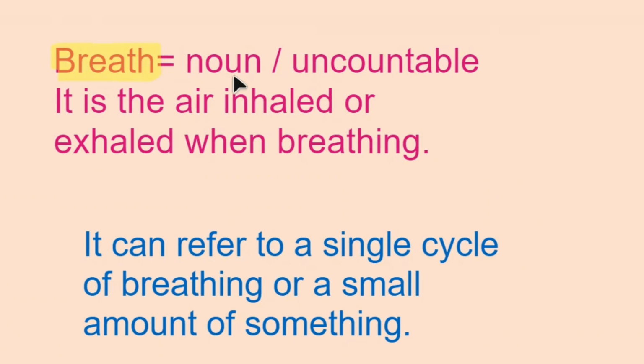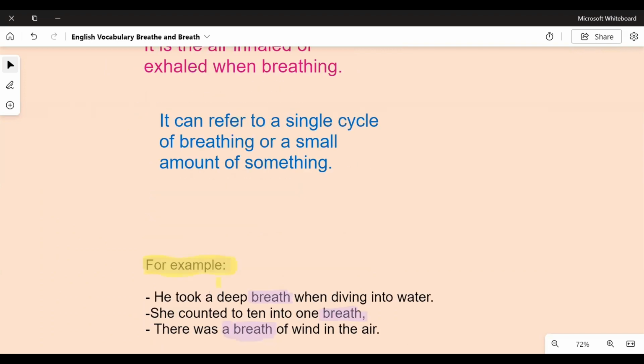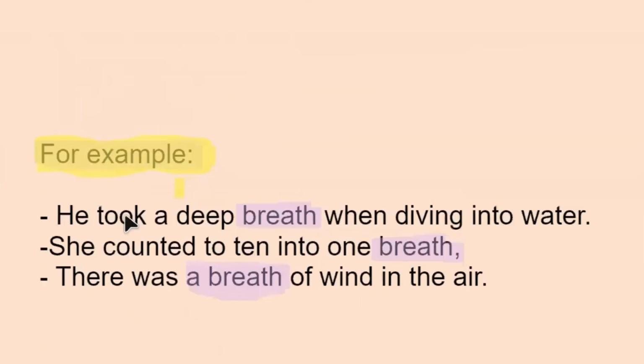What do we mean by breath? This is the amount of air, or the air going in or getting out of the lungs. For example, he took a deep breath before diving into water. She counted to 10 in one breath.